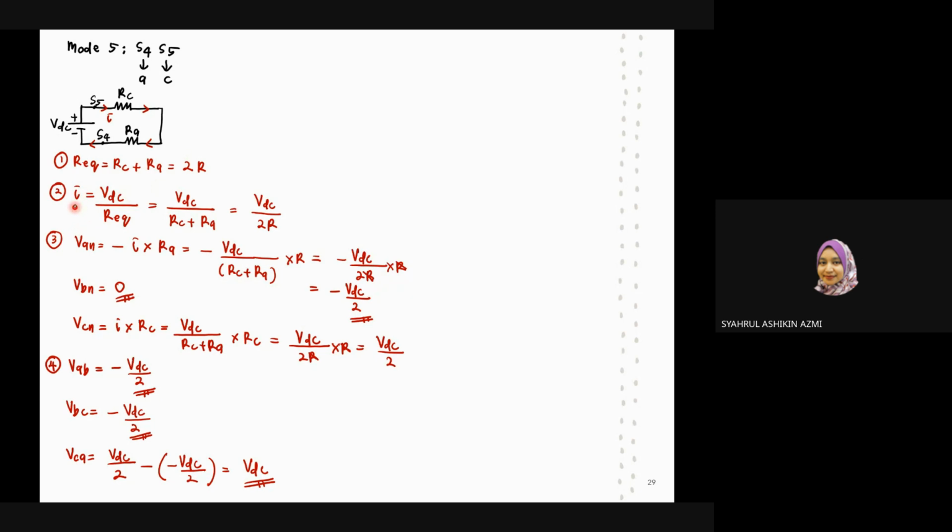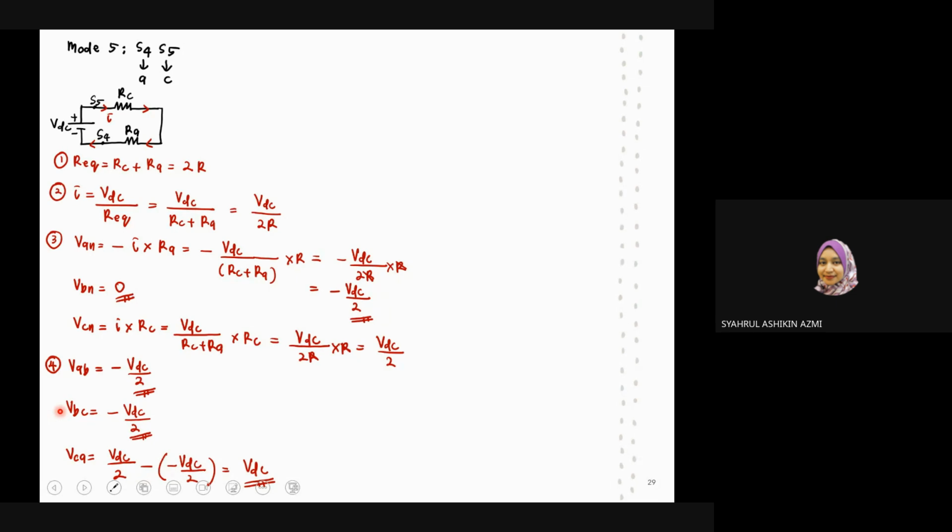This is the equation for the current, and these are the phase voltages and your line to line voltage. So this is for mode number 5. Make sure you follow this working step so that you don't miss a step in order to get the values for your phase voltage and your line to line voltage.